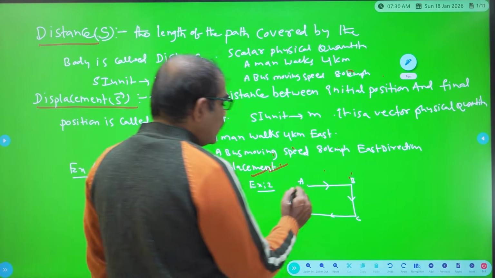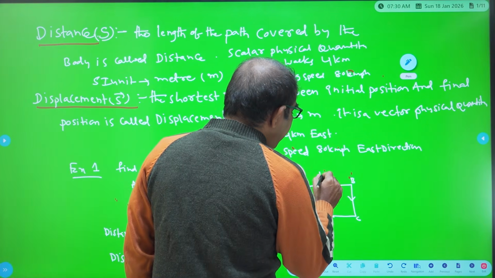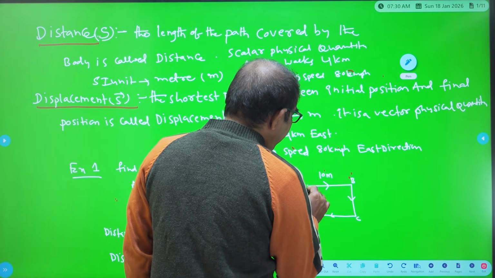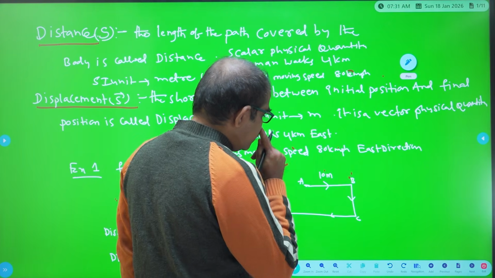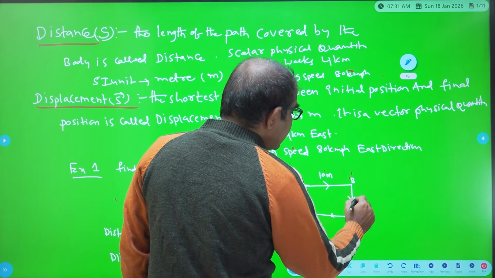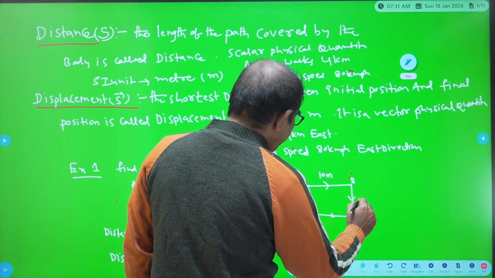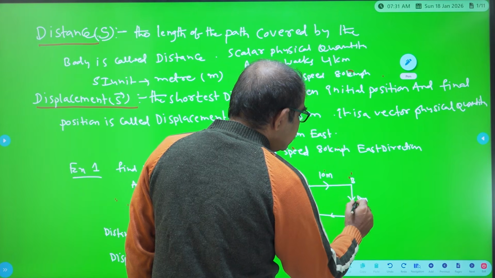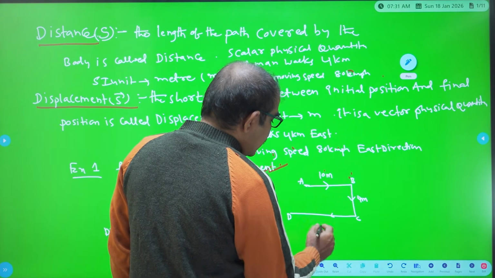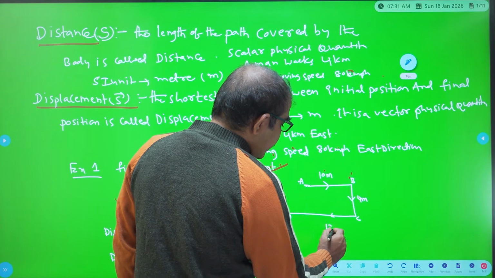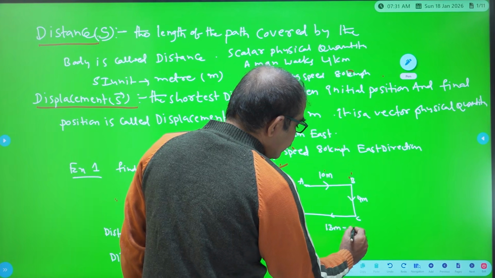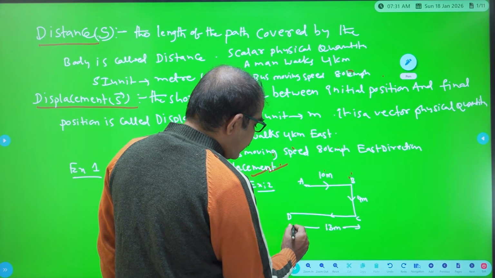For example, this is 10 meter. Now this is 4 meter. This total is 13 meter, from C to D is 13 meter.